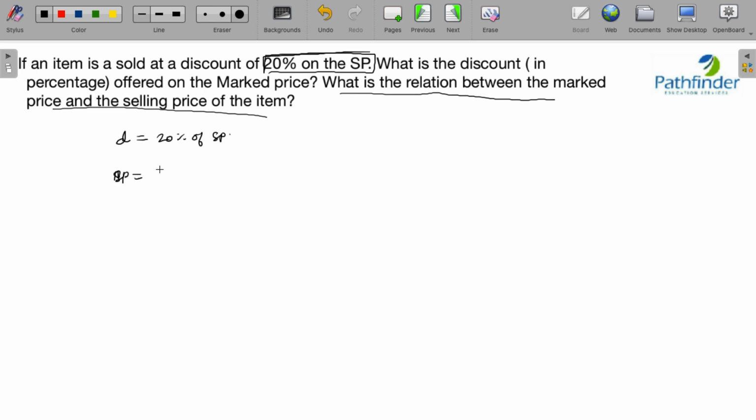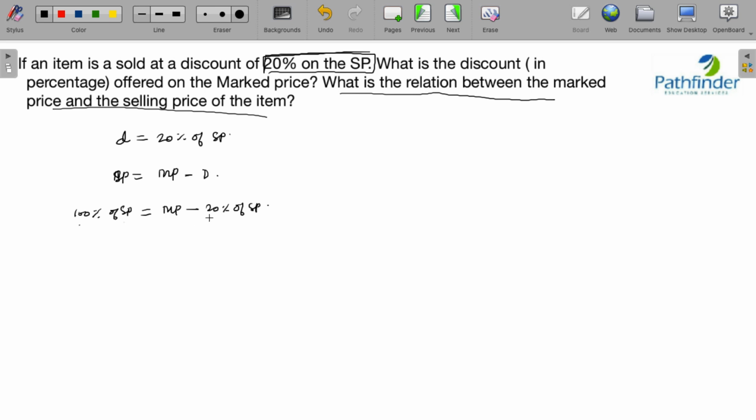And we have this equation that selling price is equal to marked price minus discount. So selling price is equal to marked price minus 20% of selling price. Now selling price can be written as 100% of selling price. Any number is 100% of itself. We know this.